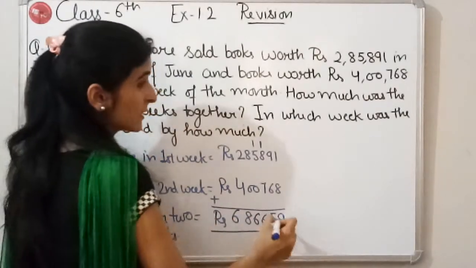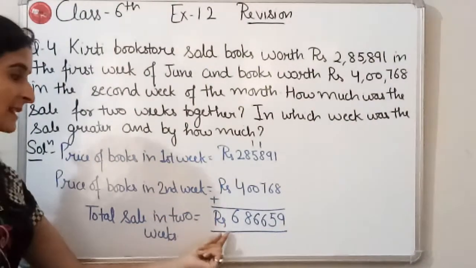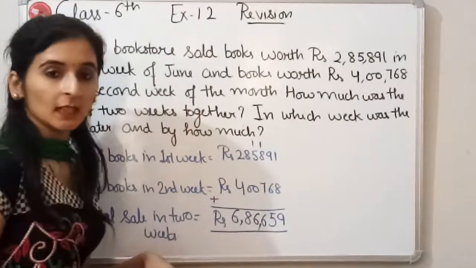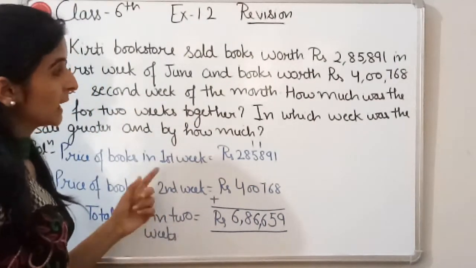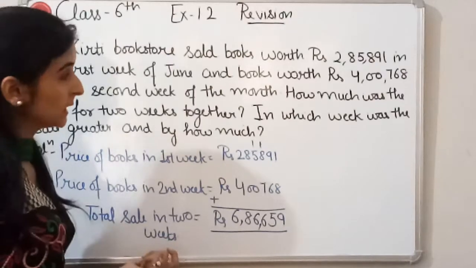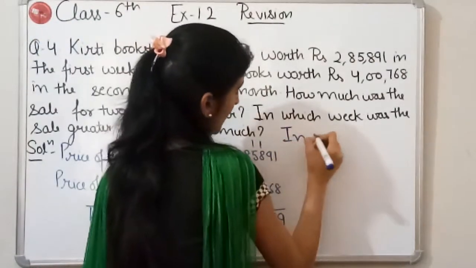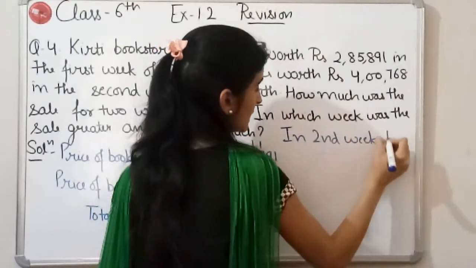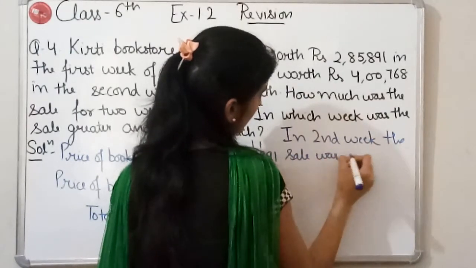So the total sale in these 2 weeks was rupees 6,86,659. Fine. Now we have to compare in which week the sale was greater. In the second week. So by comparing we can write that in the second week the sale was greater.